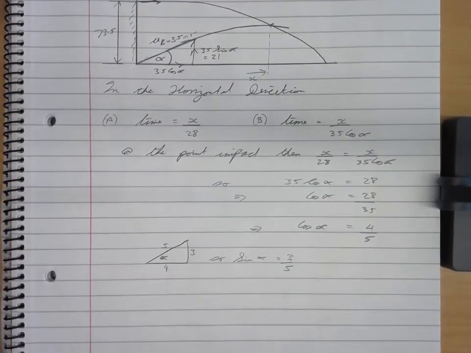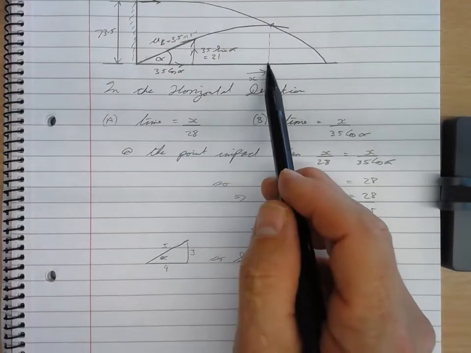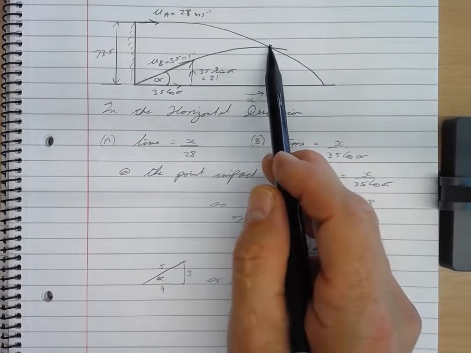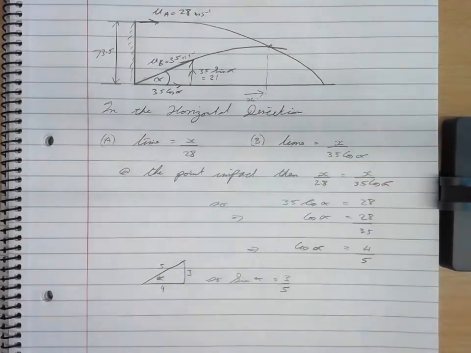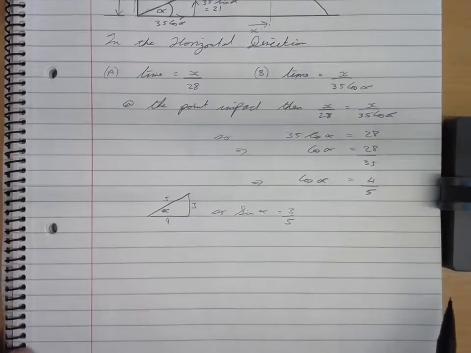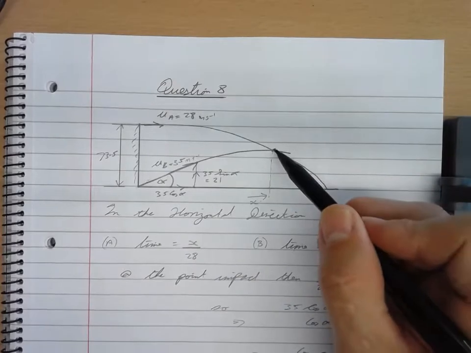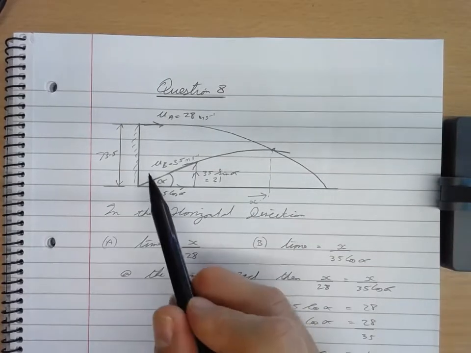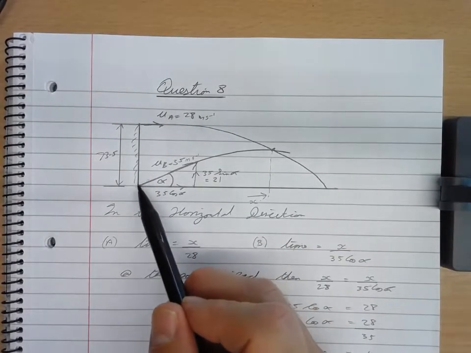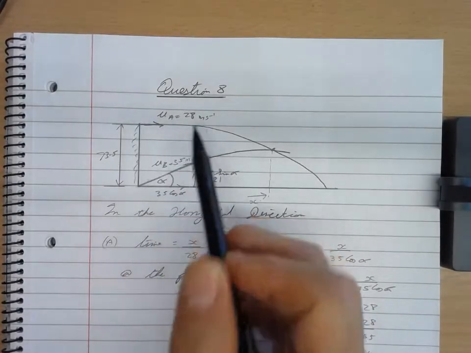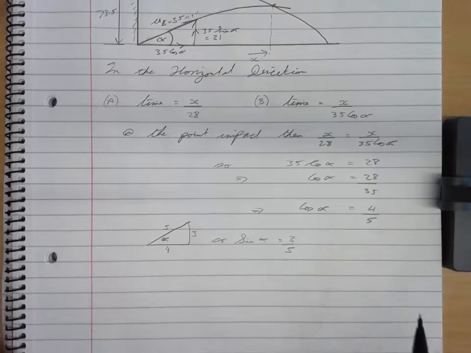Okay, now we're trying to find the time. The second part of the question was to get the time when these two stones intersect, this point here. What we also know in the vertical direction is that the two heights must be the same. So we'll look at the height and the trajectory for stone B and for stone A, separately, looking at the vertical components.